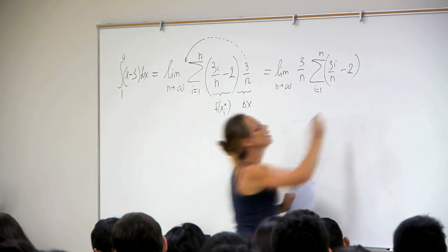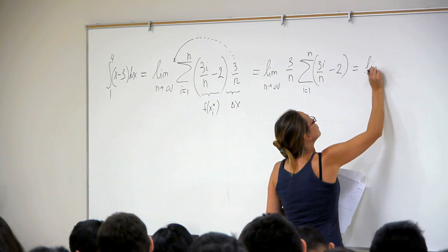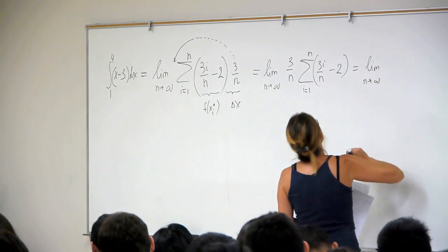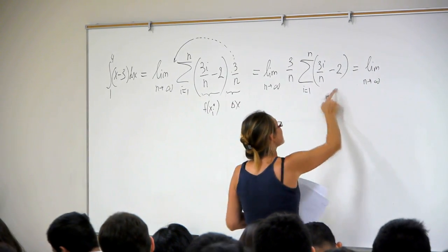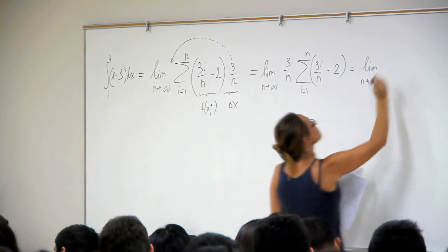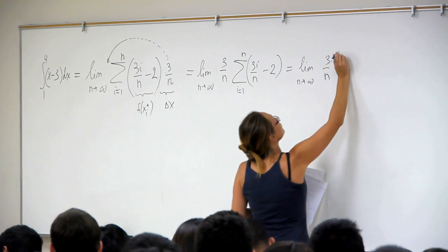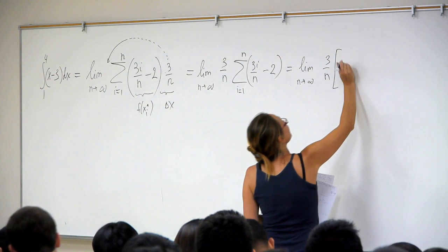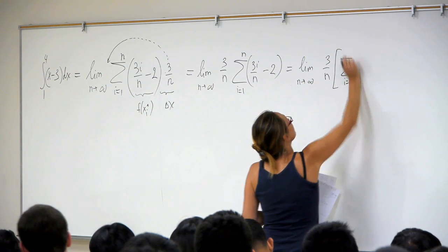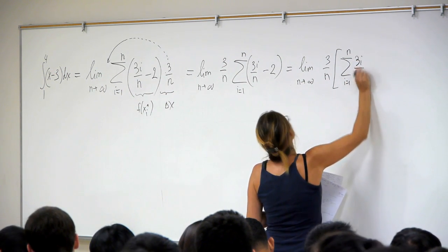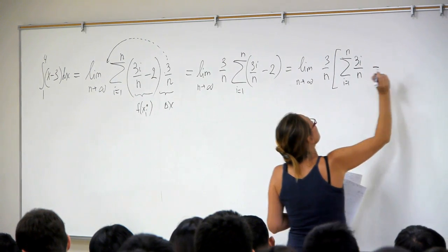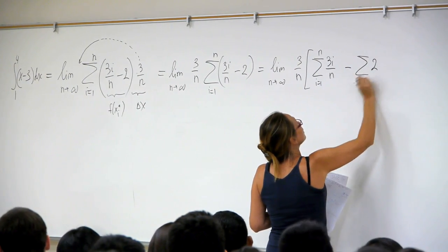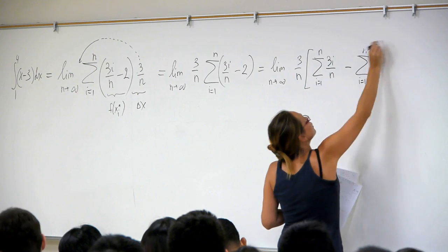Okay. The next step, I'm going to split this into two sums. I'm going to have a sum of 3i over n minus, like this.